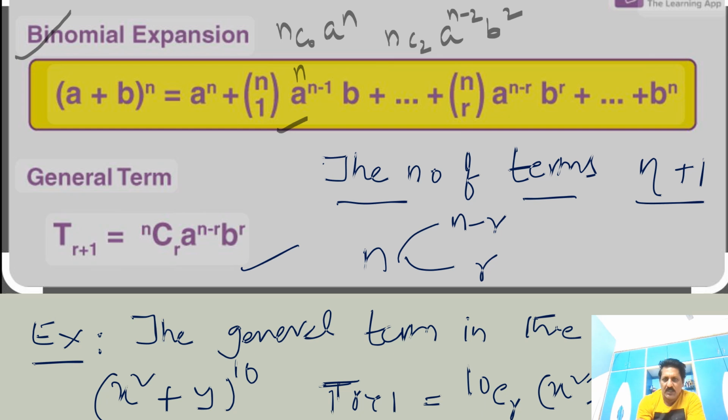So this is the general term I am writing here: ncr a to the power n minus r into b to the power r, and the next term is ncr plus 1, you can write the next term also. And so on, the last one is ncn, out of n selecting n: ncn a power n minus n, that is nothing, b to the power n. This is the last term here.